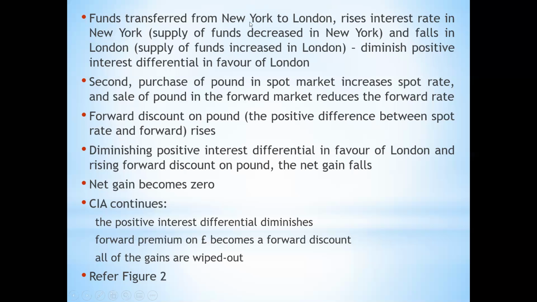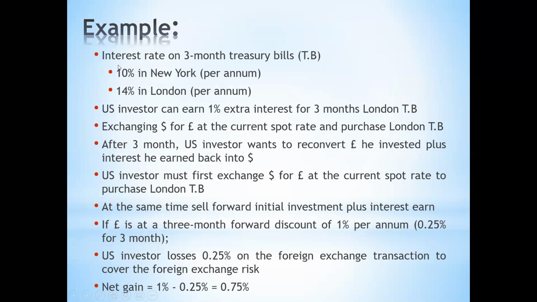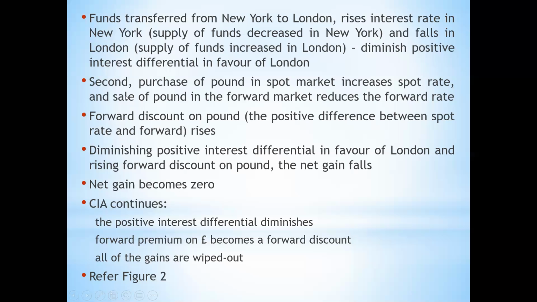As a result, the interest rate gets high in the New York market. Then people invest in the London market, so the supply of funds increases in the London market, and the London market interest rate decreases. Now you can see the positive difference between the London and New York market interest rates is regularly diminishing, getting reduced.